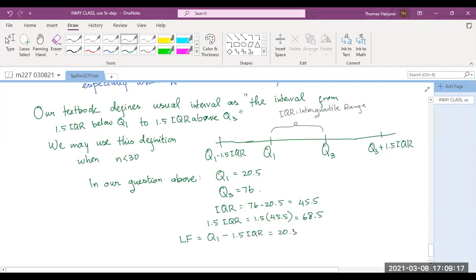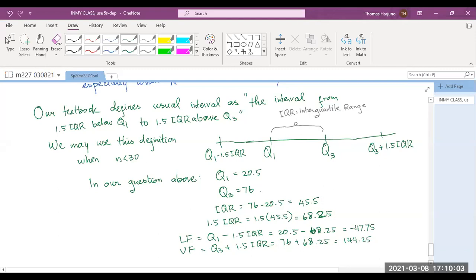That's 20.5 minus 68.25. I get negative 47 something, while the upper fence will be the third quartile plus 1.5 times interquartile range. That will be 76 plus 68.25. That will be 144.